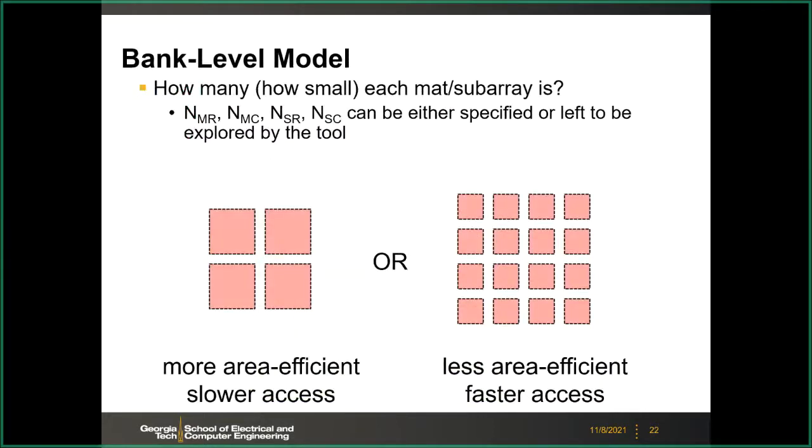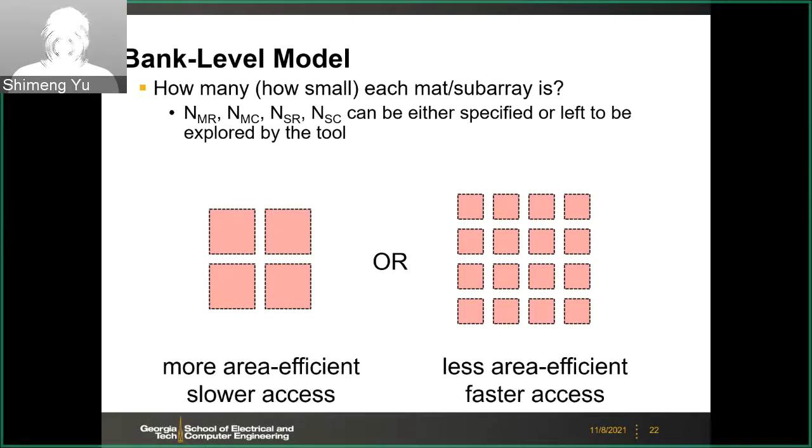So here are the questions. How do you want to size those subarrays or those mats, those small units? You have different options, right? For example, if this is a subarray, for the same total amount of capacity, you can think those are number of bits.